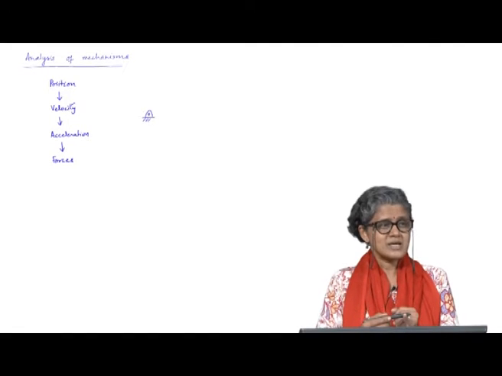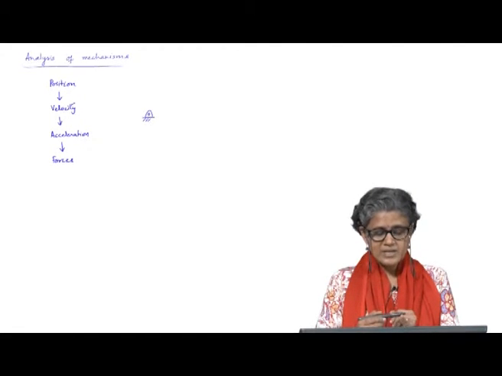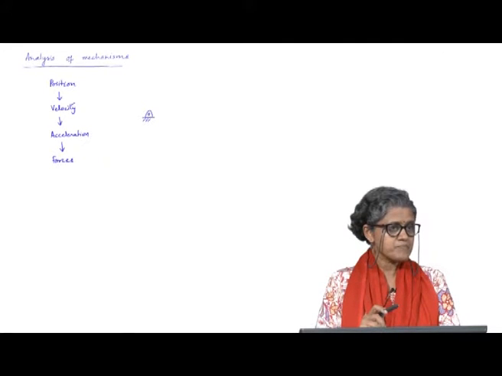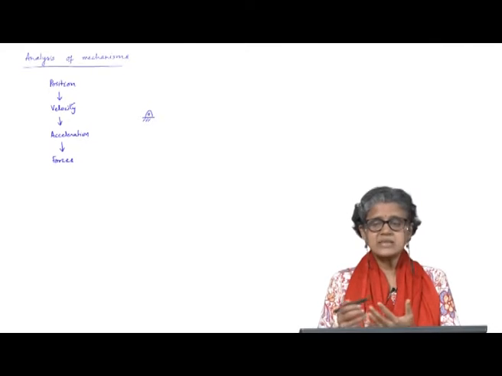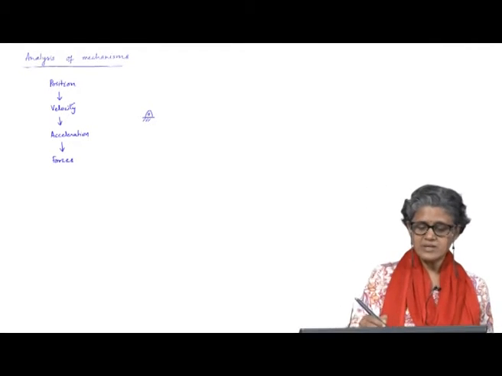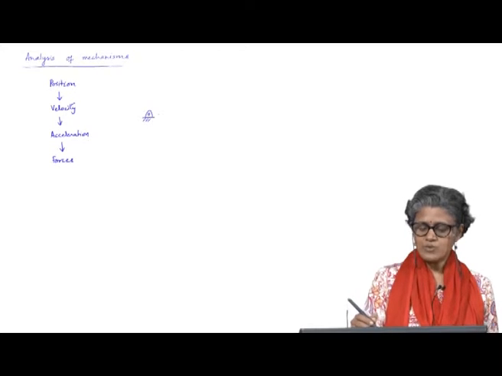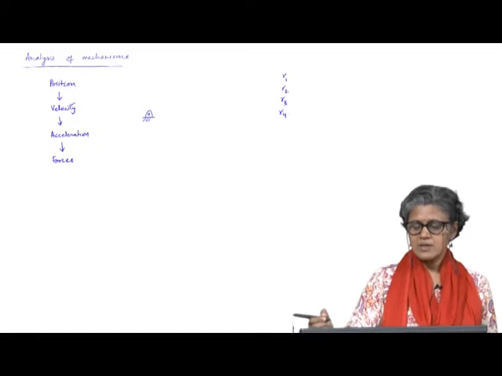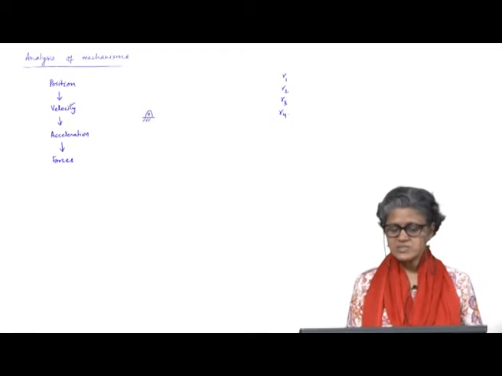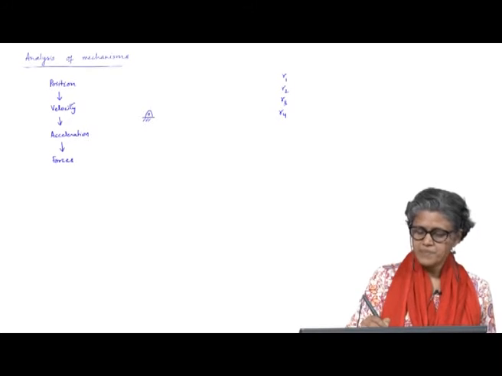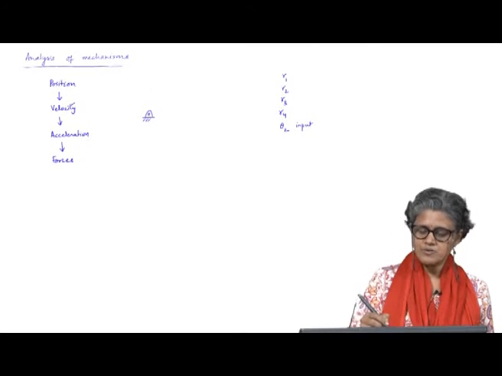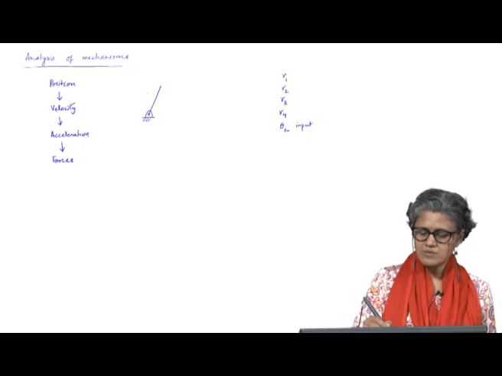If you want to do a position analysis and it is a mechanism with 1 degree of freedom, you will need one input variable related to position. So, typically it is an angle. So, you may be given an angle theta 2. If I know the link lengths, say R1, R2, R3, R4, then position analysis of a 4 bar is quite easy. I am given input theta 2. For a particular theta 2, this is my R2.